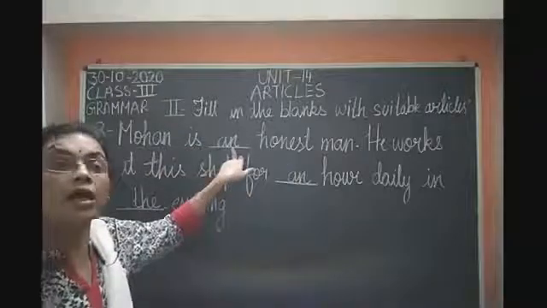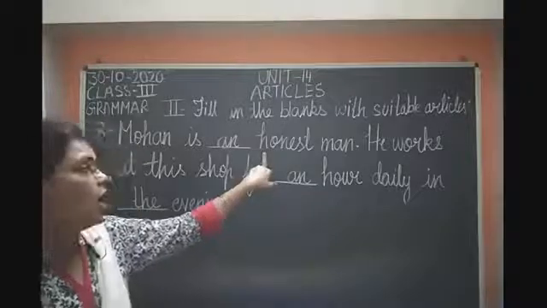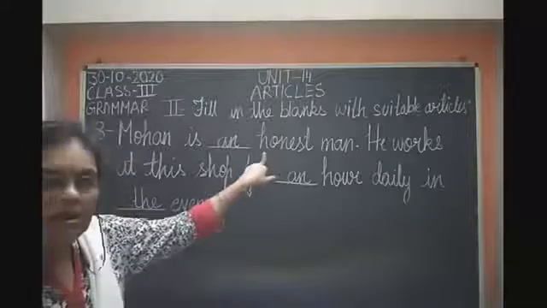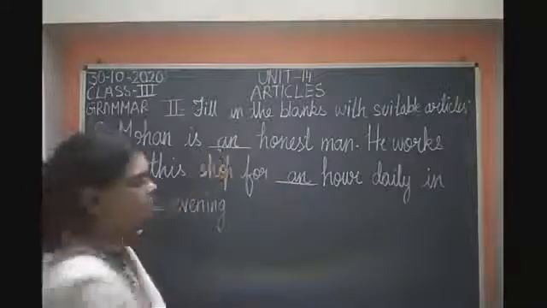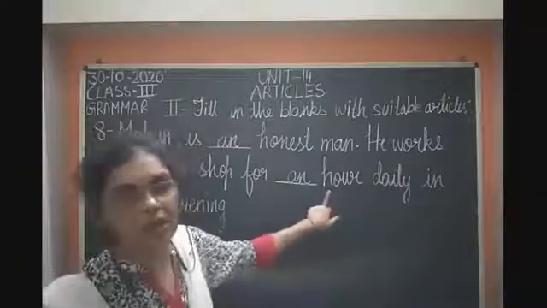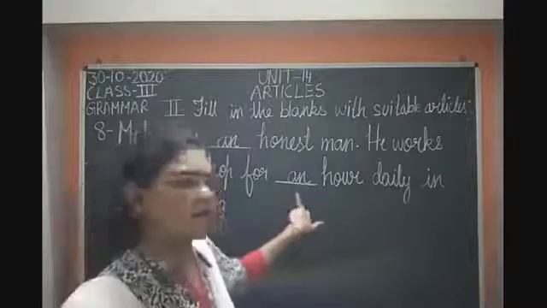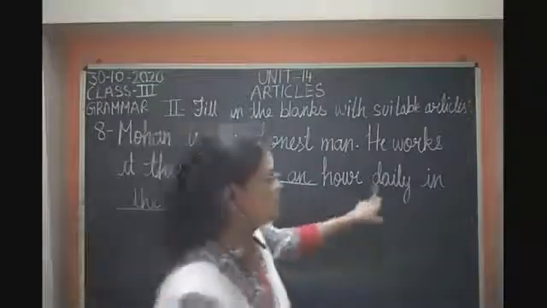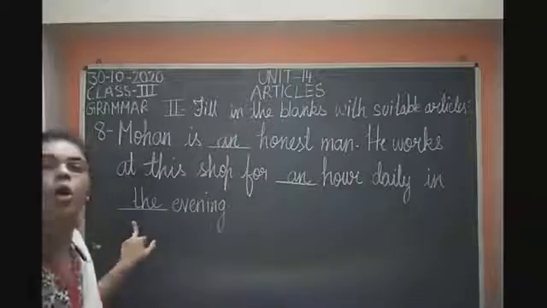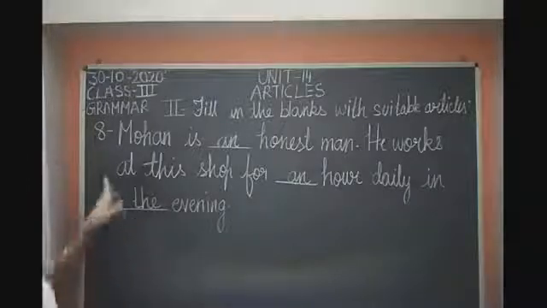Why did we use an? Because honest has the sound of a vowel. We don't say it with an H, it has the vowel sound, so we use an. He works at the shop for an hour. Hour also has the vowel sound, so we are using the indefinite article an. Daily in the evening. Evening, morning, afternoon: always remember, we use the definite article the before them.